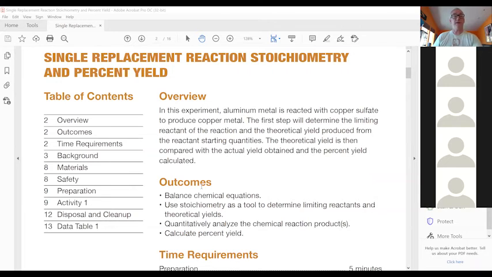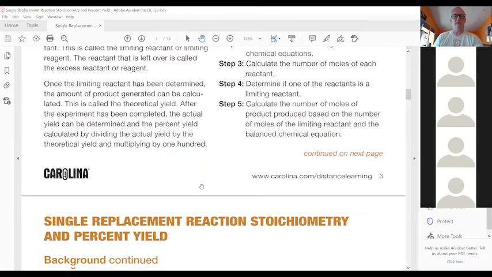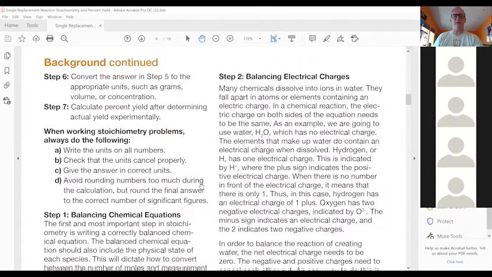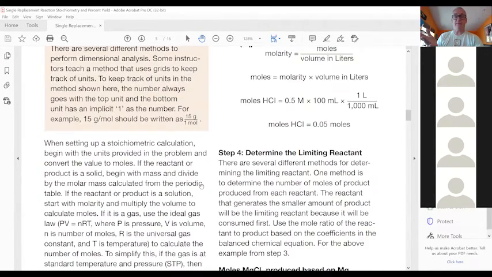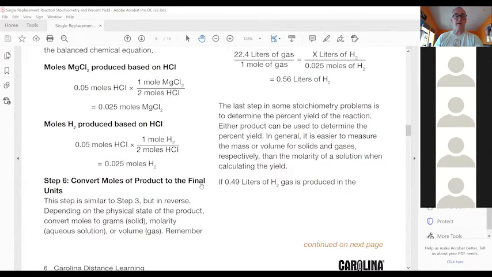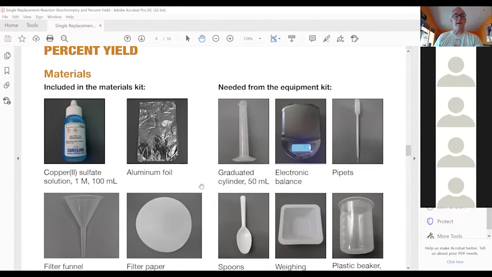So in the reaction here, they want you to measure out the volume of the copper sulfate. That's fine. They want you to measure out the mass of the aluminum foil. That's good. You do the reaction. You decant off some of the solution that's left over. You wash the copper that you get out at the end with water, and then you filter it.